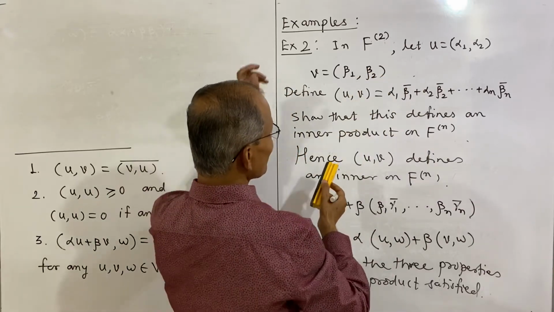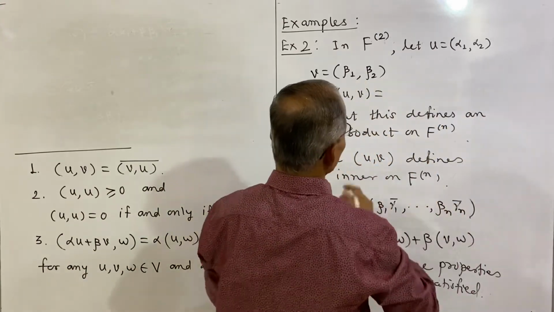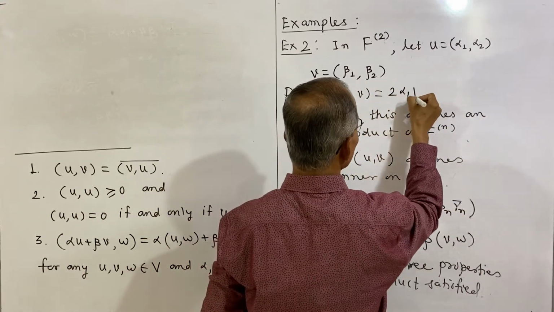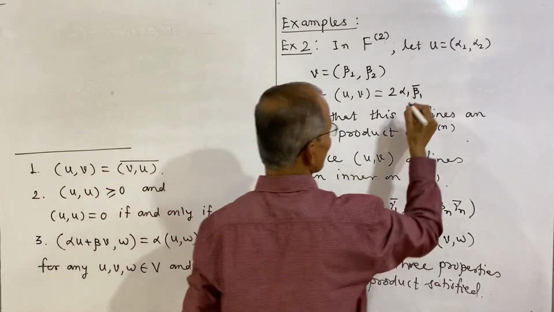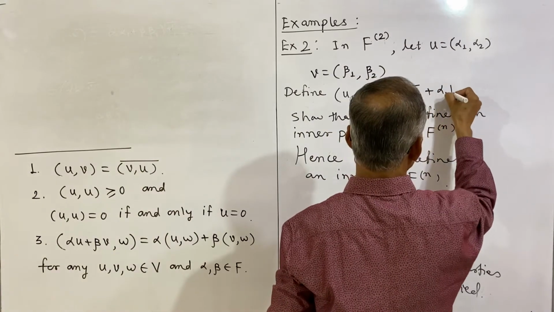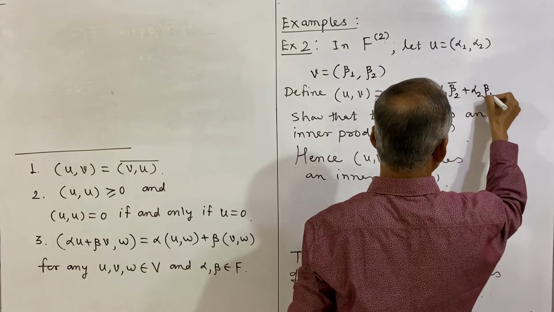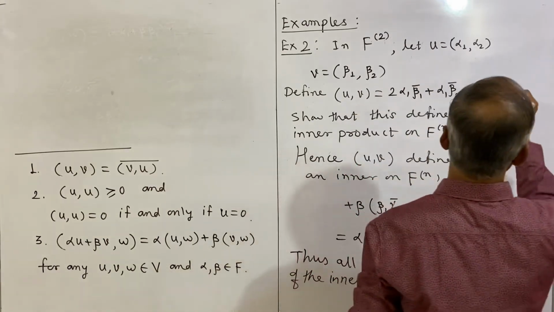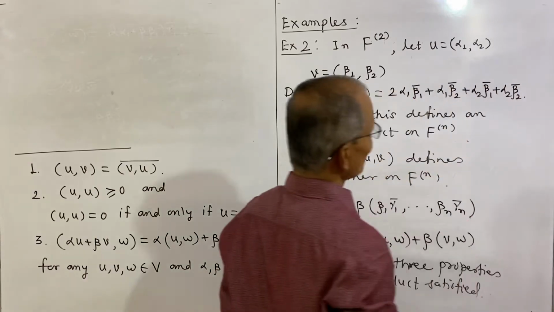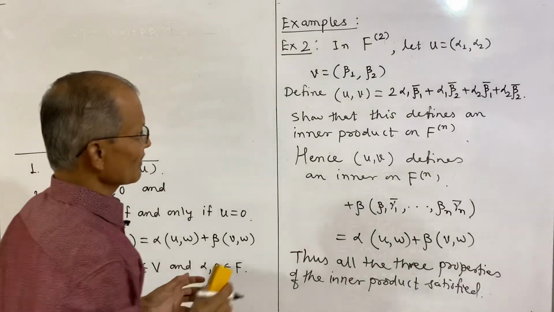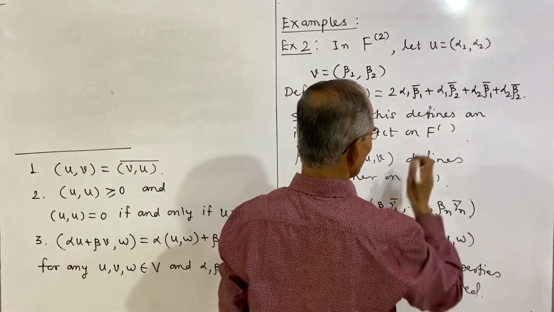And we define the inner product of u and v like this. It is 2 alpha 1 conjugate of beta 1 plus alpha 1 conjugate of beta 2 plus alpha 2 conjugate of beta 1 plus alpha 2 conjugate of beta 2.